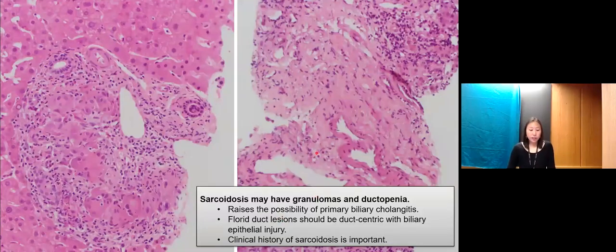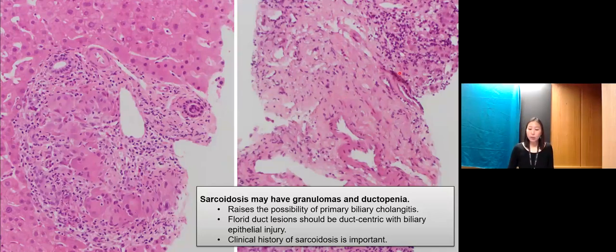So to talk about some of these other reasons for ductopenia, this was a patient with known sarcoidosis with mediastinal lymphadenopathy, diagnosed previously on hilar nodes. But you can see here that we have a portal tract with this non-necrotizing granuloma present within it. And on the right-hand side, we can see evidence of this portal tract with no native bile duct.